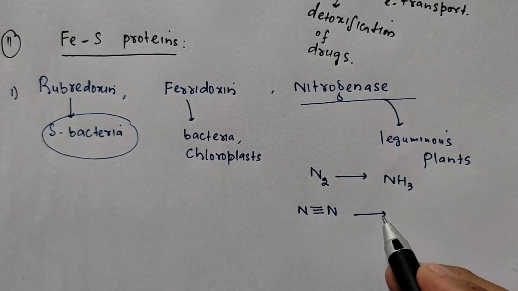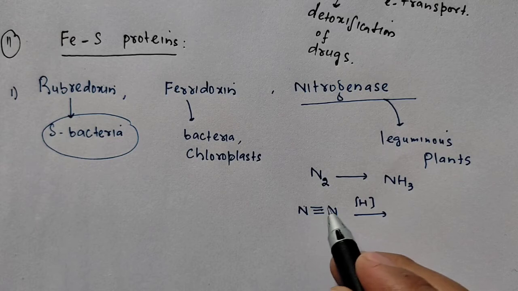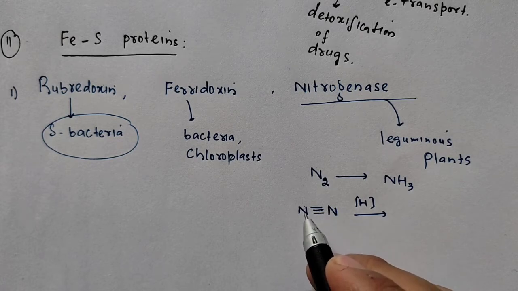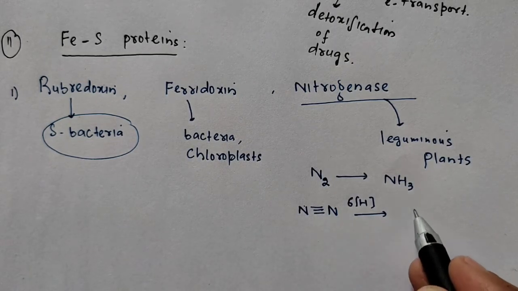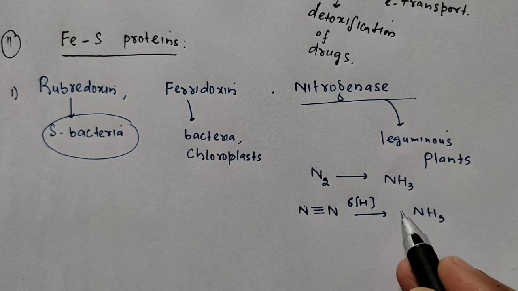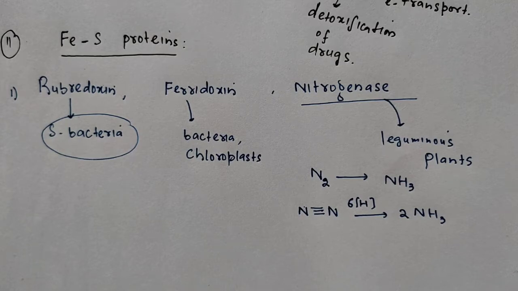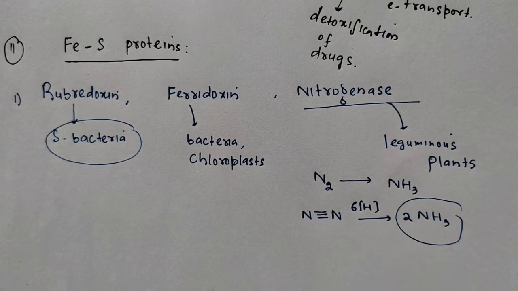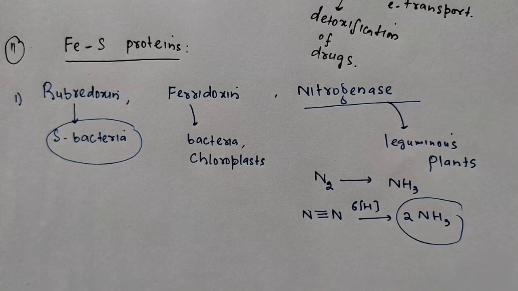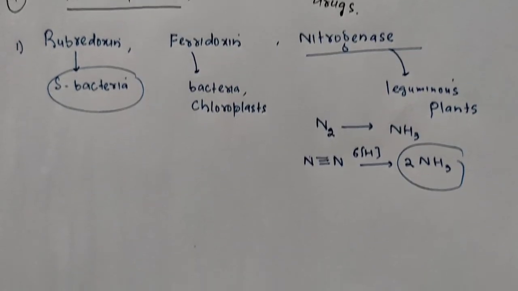So then if you reduce this, if you add hydrogen on this, एक हाइड्रोजन इस पे, एक इस पे, so one bond gets broken down. Second hydrogen, second, third. So you are providing a total of 6 hydrogens. Then you will get 2 ammonia molecules. So basically it is doing the reduction. It fixes the atmospheric nitrogen, reduces this and then converts this into ammonia. This is also called the process of nitrogen fixation. So that enzyme also contains iron and sulfur proteins. Okay? So this is another category of your iron containing compounds or proteins.